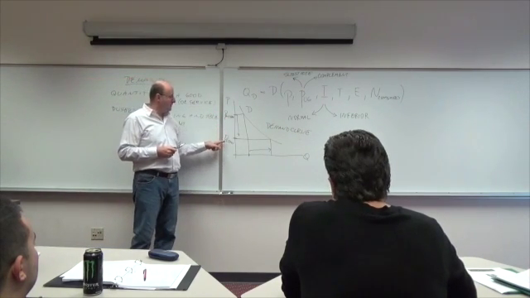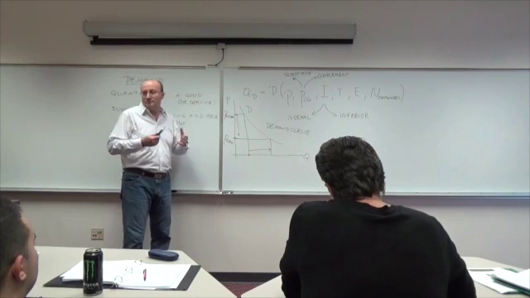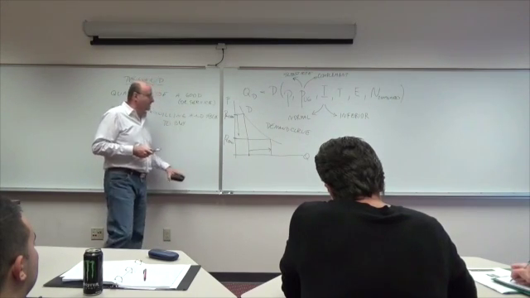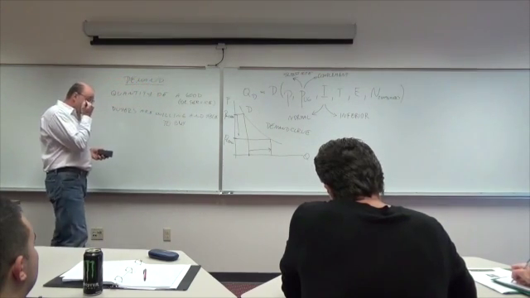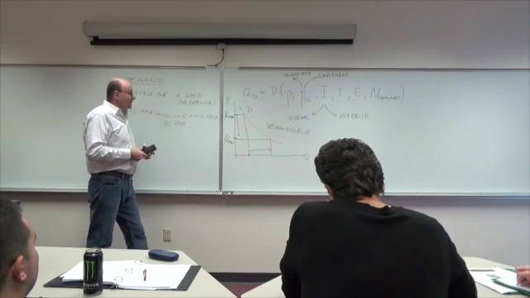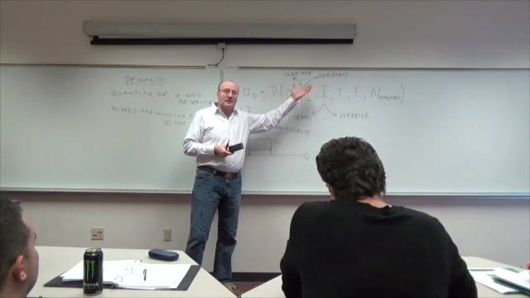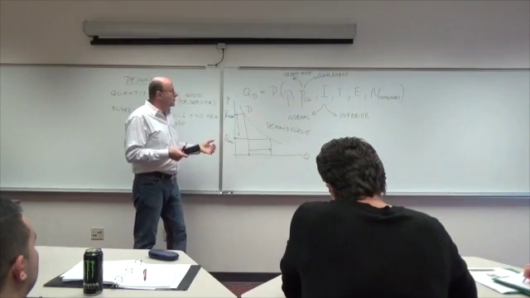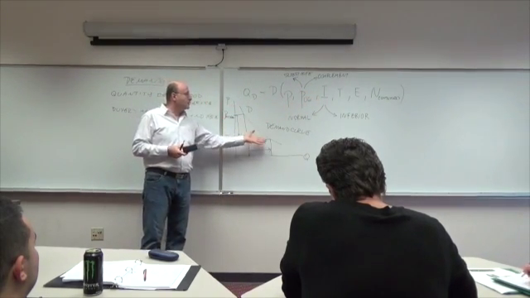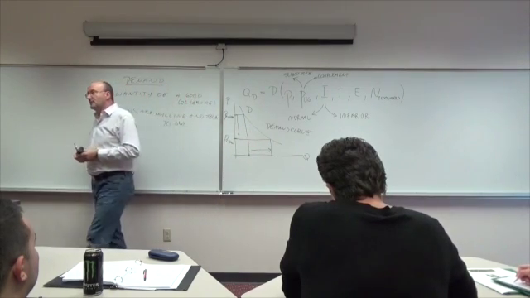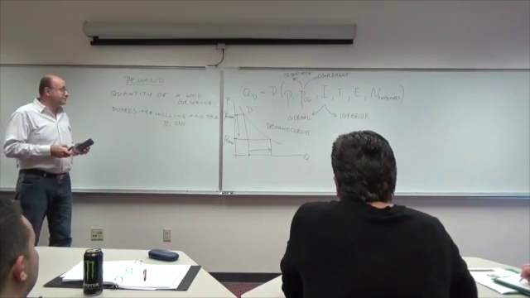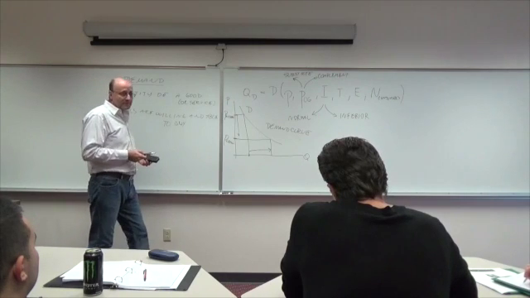High price, low price. Just label it like that. Okay? So, the entire story of demand that we just completed is condensed in this very simple downward sloping graph of a demand curve.